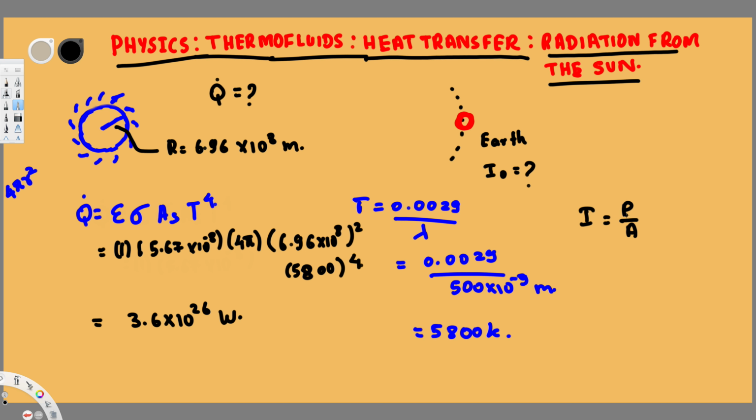The area is going to be again 4 pi r squared, but in this one we have to use the distance between the sun and the earth. So that's the one we are going to use. Now let's go ahead and plug in the values.